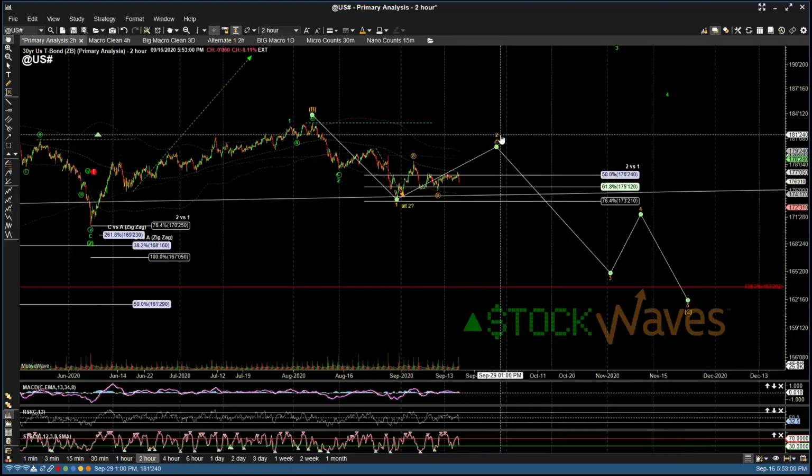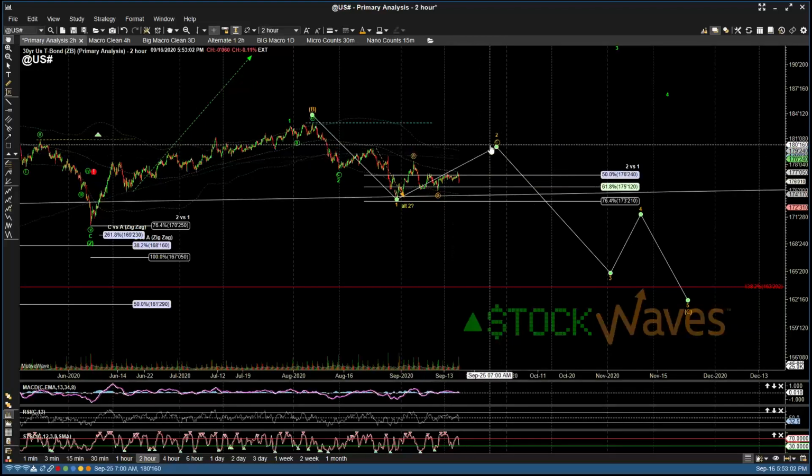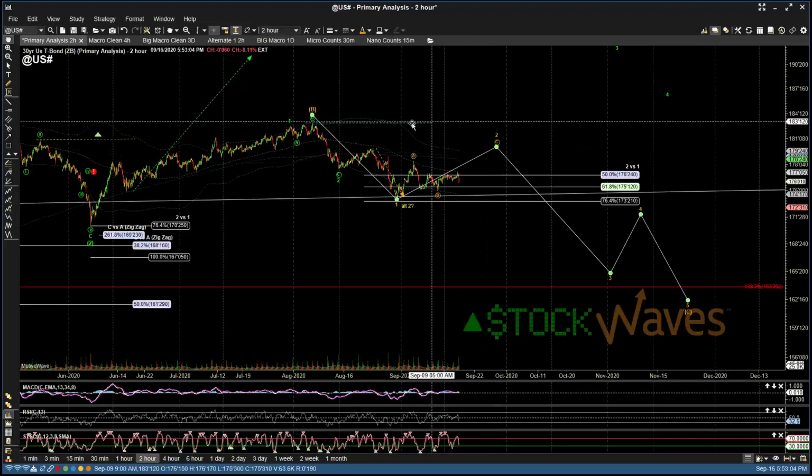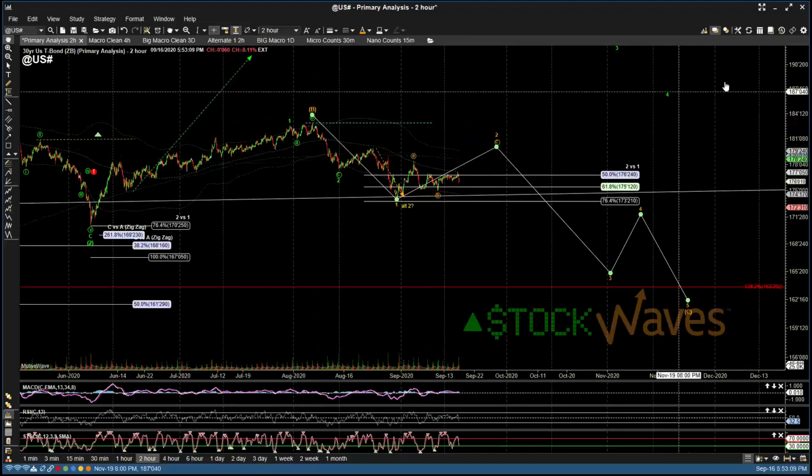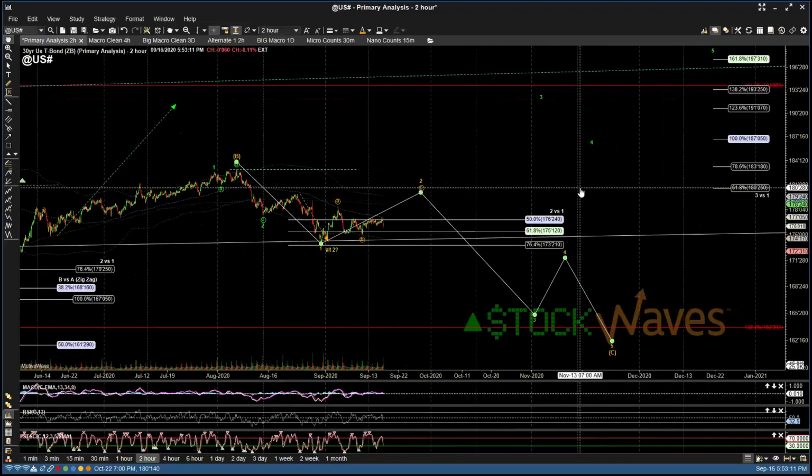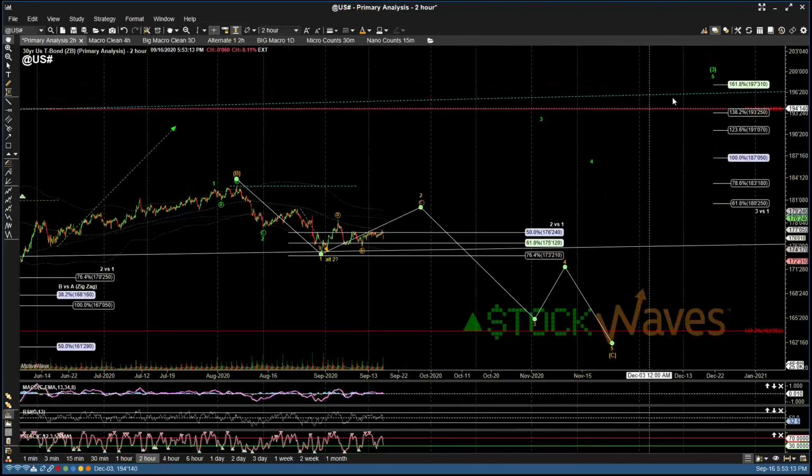If it starts to accelerate as it gets through this 179 to 180 resistance, and certainly if it gets over the high that was struck earlier in August, then it should be a breakout fully into the green count.